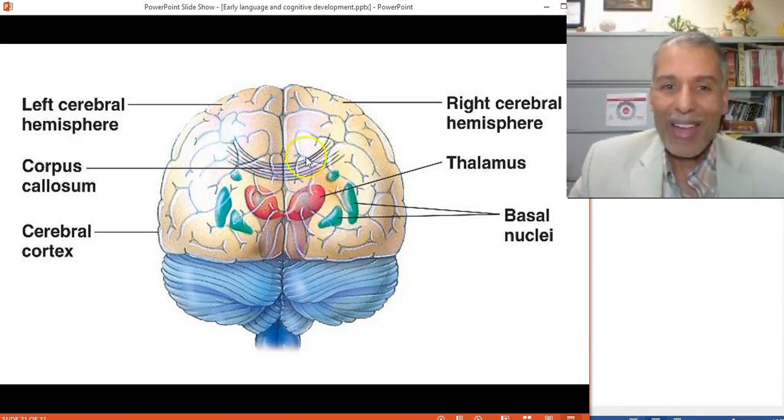But then the right side of the brain takes that and works on it and says, no, that is not what it means. And it tells you what it means. So it is a way to conserve space and a way to reduce redundancy by having different parts serve as elementary centers for particular functions.